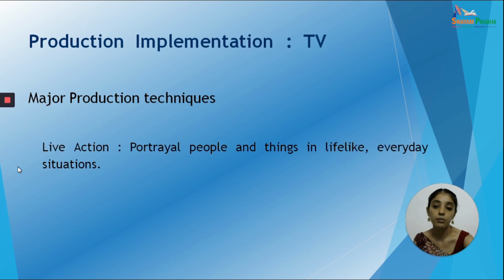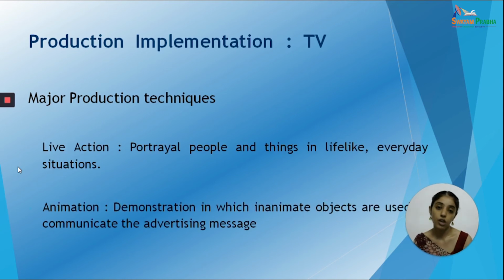Therefore, there needs to be familiarity with the major production techniques. One is the slice of life format, where there is portrayal of people and things in a lifelike manner, like we see them every day. It's the simplest and most commonly used format for TVCs. The second way is the use of animations. Animation means demonstration of inanimate objects to communicate simple things.